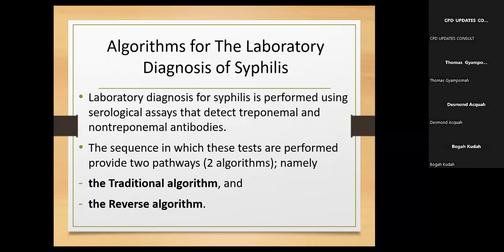Okay, so that's algorithm. When it comes to syphilis, there are two algorithms. The one is the traditional algorithm, and the other one is the reverse algorithm. That is the thing to take note of, that there are two algorithms. Either you go by the traditional way or the reverse.